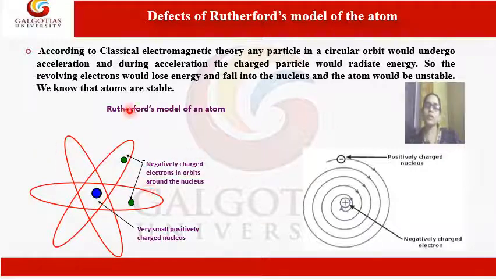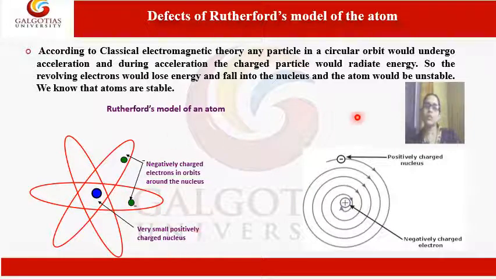According to classical electromagnetic theory, when a charged particle like the electron, which is negatively charged, revolves in a circular orbit, it gets accelerated. During acceleration, this charged particle will radiate energy.